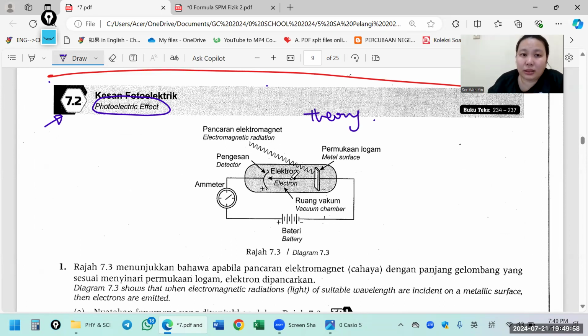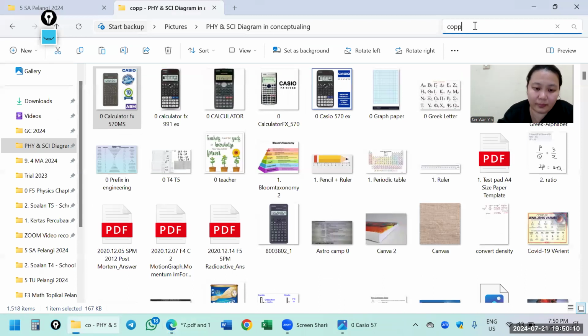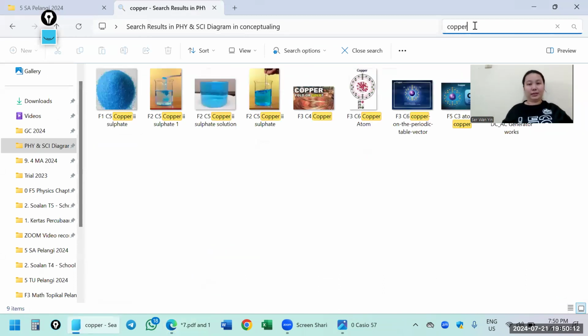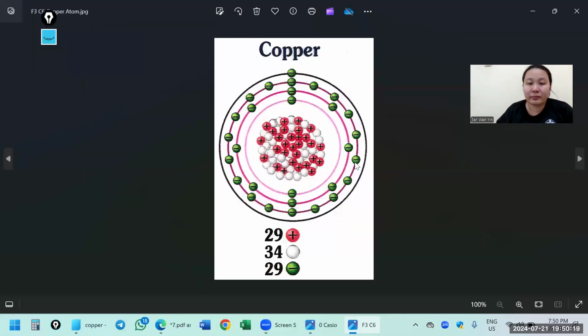Okay, so I show you the diagram first. So this is a copper. This is a copper atomic model.